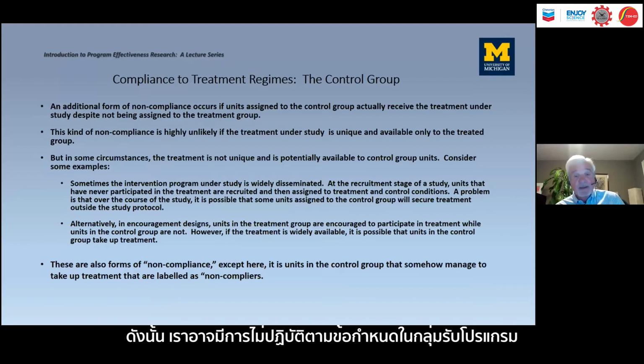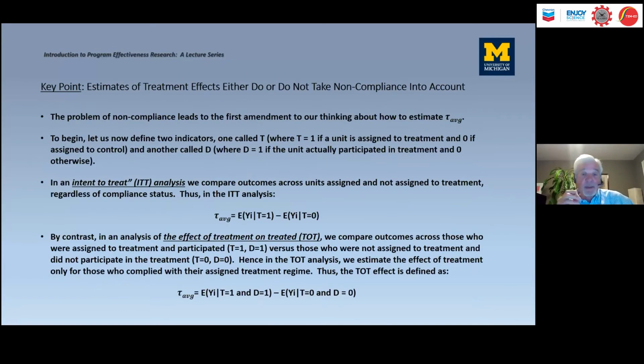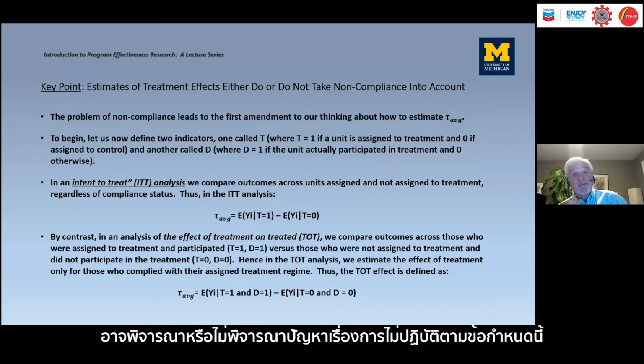So again, we can have non-compliance in the treatment group, and we can have non-compliance in the control group. So the key point here is that the effect estimates that we can envision may or may not take this non-compliance problem into account.